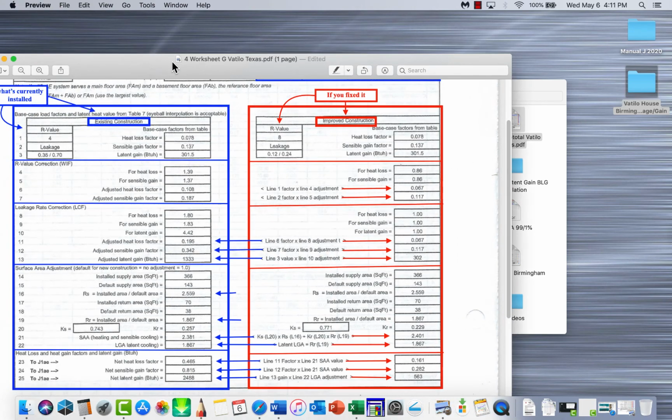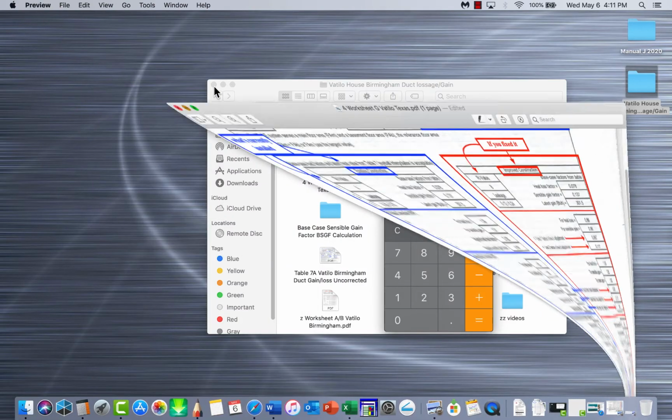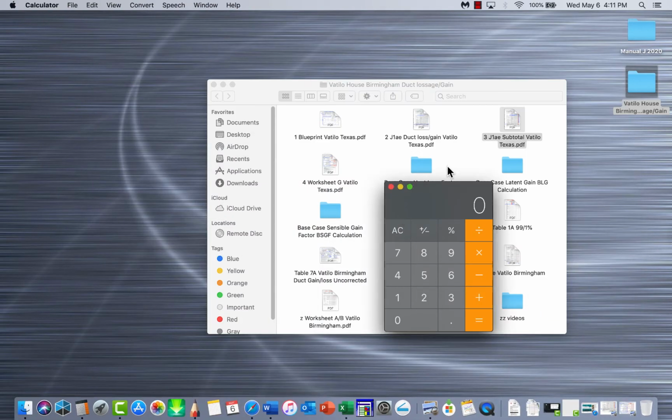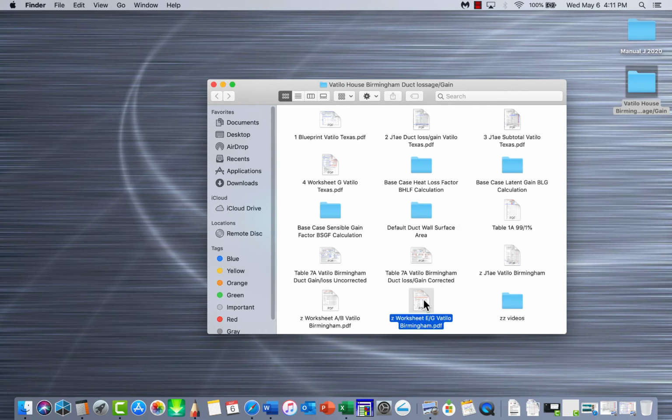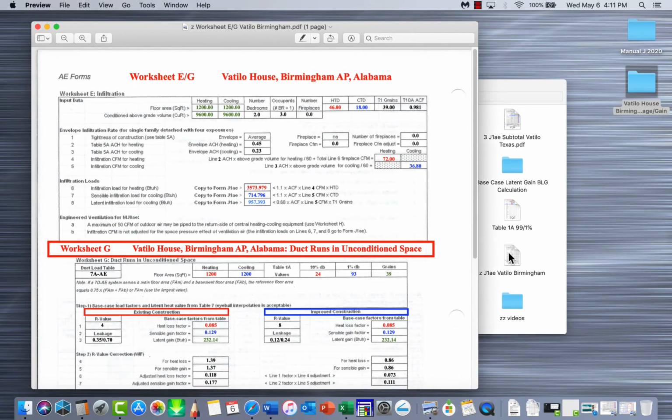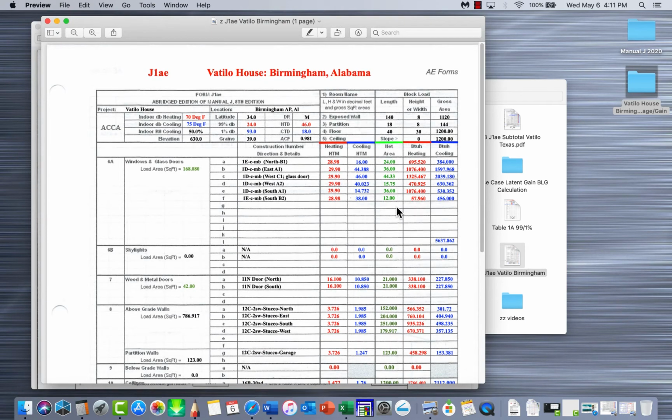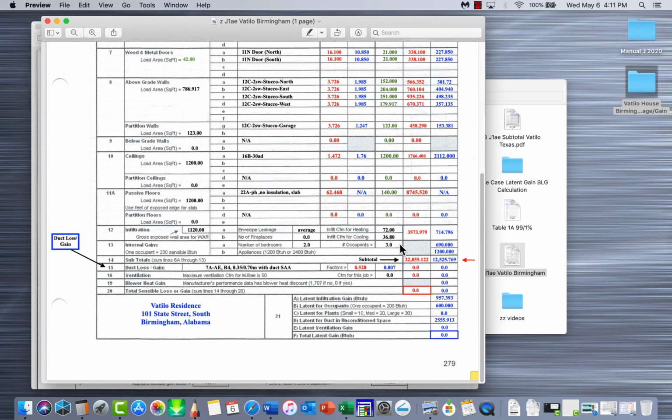We'll get rid of both of these out of the way. There we go. Clear out our calculator. So we're going to bring up our worksheet G, and we're going to bring up our house here. So we got everything we pretty much need on here. Like I said, we're sitting here at 22,000 for heating, 12,000 for our cooling, and we're just going to multiply them by these factors that we came up with.